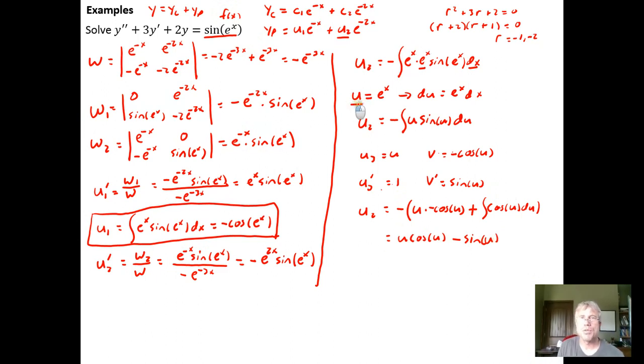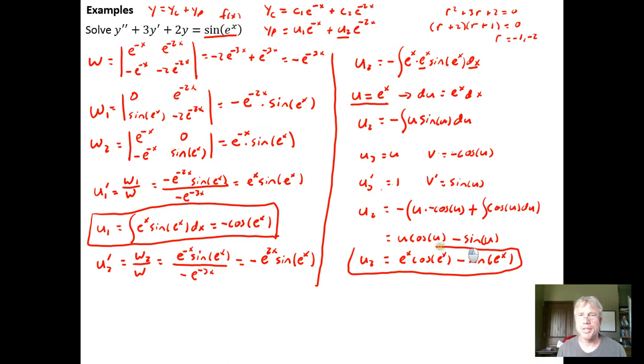And the substitution we made was u equals e to the x. So ultimately then u sub 2 is going to equal e to the x cosine of e to the x minus the sine of e to the x. And then now we have u sub 2, we still have to put everything together to find y particular.